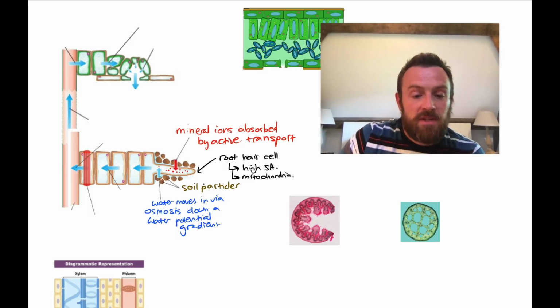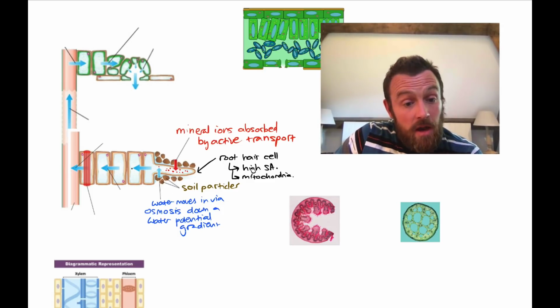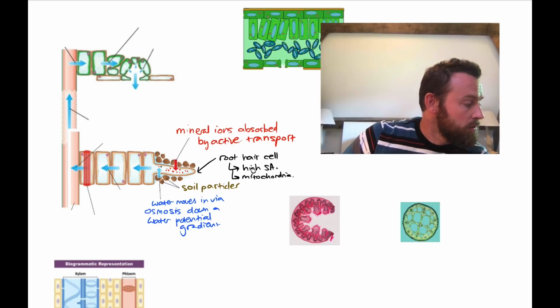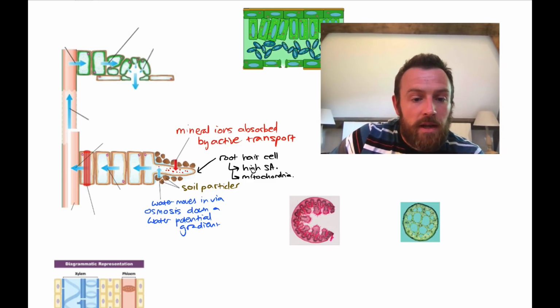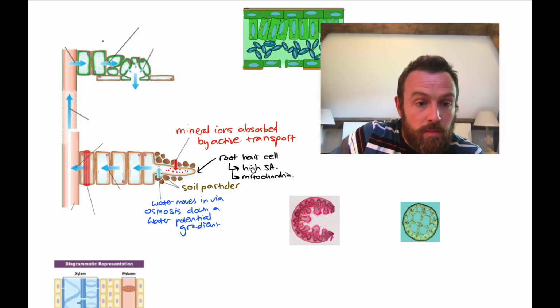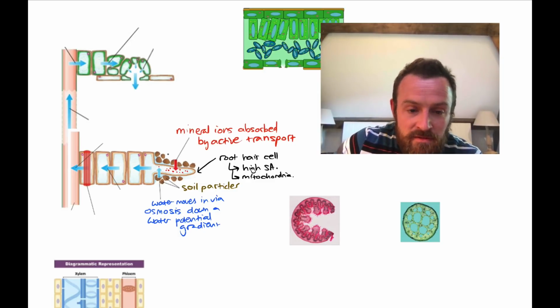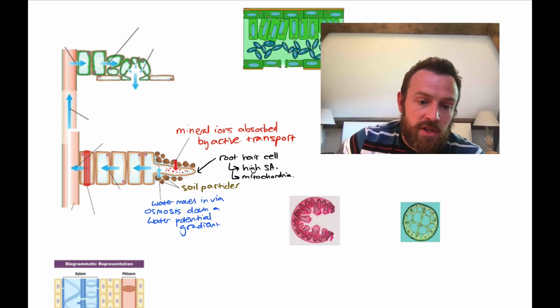Okay, so the water moves down a water potential gradient, and it keeps going down a water potential gradient as it moves from cell to cell to cell. So we could actually label some sort of water potential values. Let's just kind of make them up.